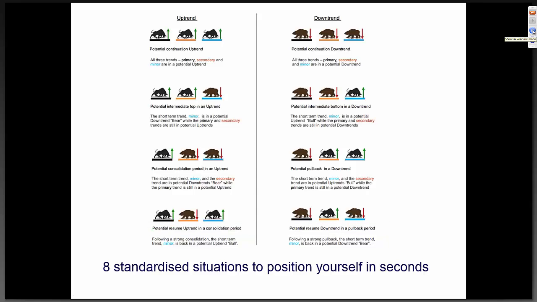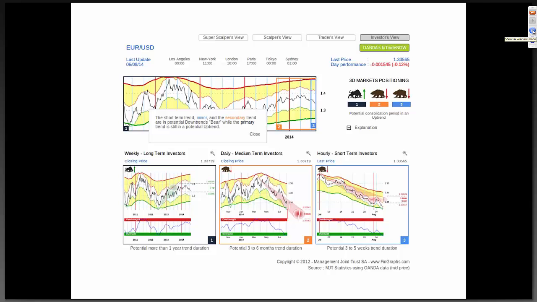So let's go into the live examples. This is the chart of Euro US dollar on an investor's view taken this afternoon. So in a weekly, so we counted in quarters here, in a weekly potential bull, potential uptrend.